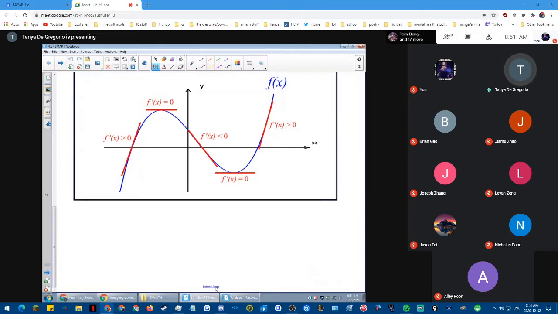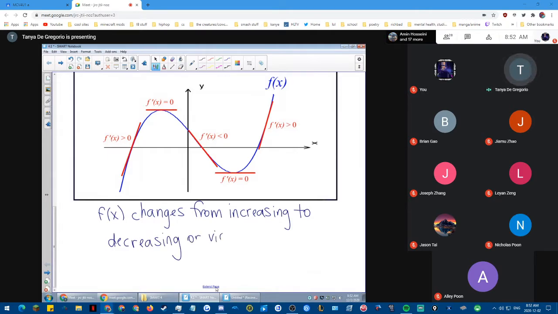So this point, this maximum value, this minimum value, we call them critical points. Okay, critical point.